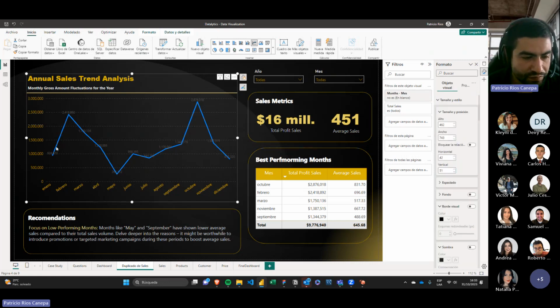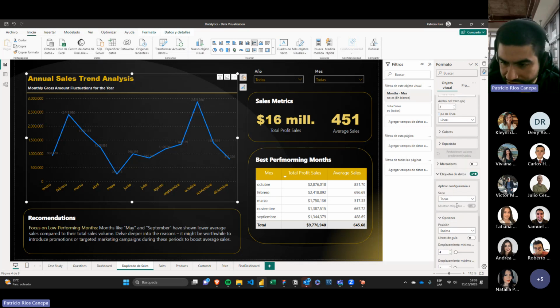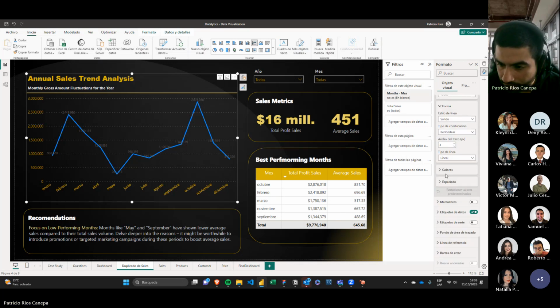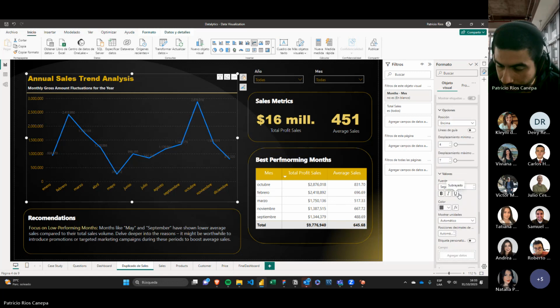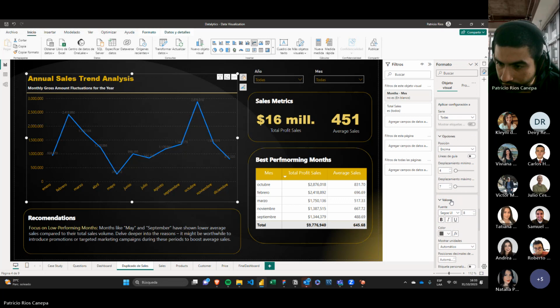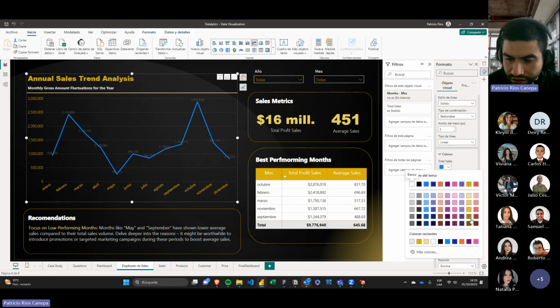Now the final step for me will be the line that is not aligning with all the colors. That blue is just not really consistent. So what we're gonna do is, okay, total says that's the line.